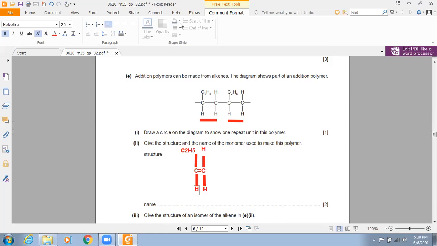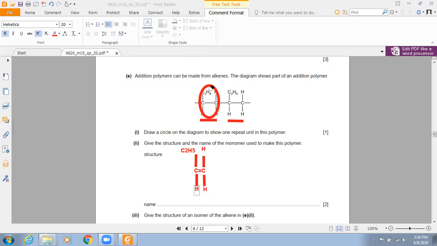So you are asked to show one circle to show one repeat unit. So already I have shown, but you have to do a circle. So let us see how we can do this. So one repeat unit, I missed the, sorry.